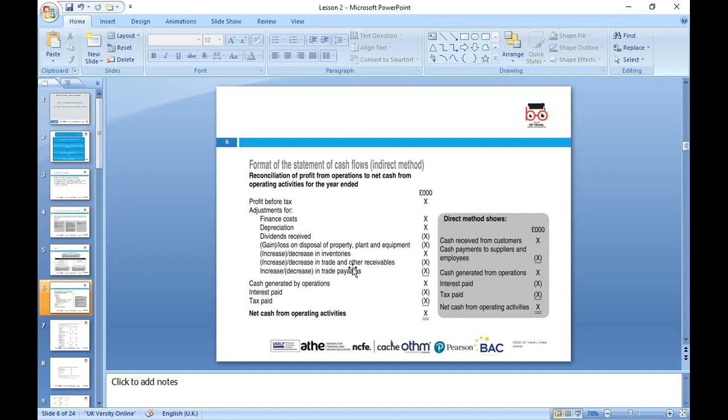Increase or decrease in inventory: if it's an increase, it means your cash is stuck in stock. If your inventory decreases, it means your cash should increase. That's the just-in-time inventory concept, and a lot of Japanese companies use just in time. Then a decrease in trade and other receivables, so we make an adjustment there. An increase in payables, we make the adjustment there.